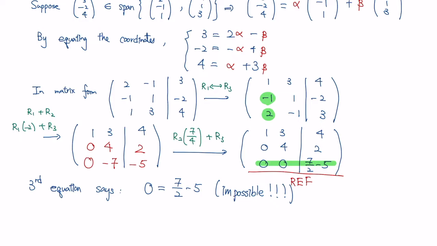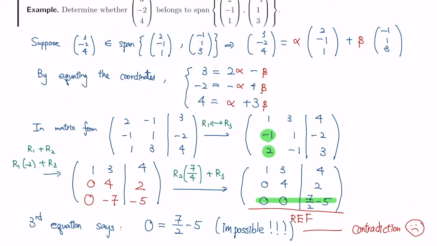So this is indeed a contradiction, okay? Contradiction. So what does it contradict with? It contradicts with the assumption, suppose this factor is in the span of these two factors. So that means that this cannot happen.